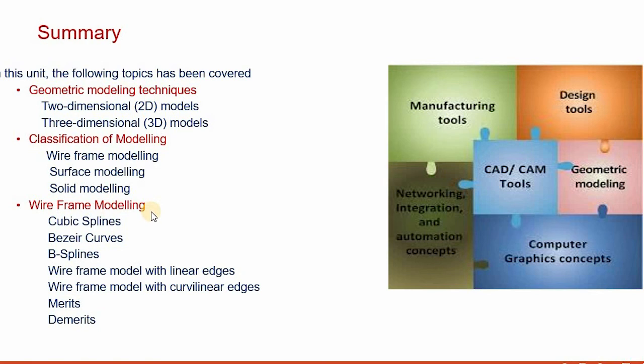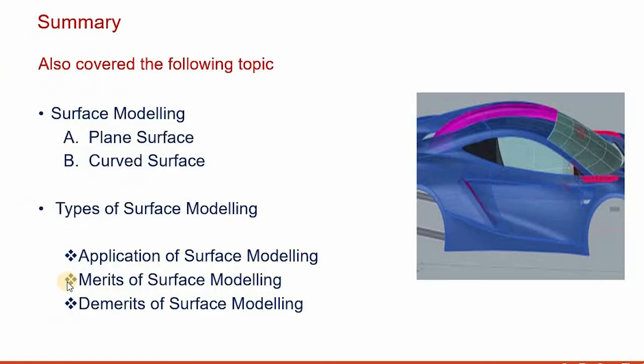In wireframe modeling, a lot of techniques are used to construct the wireframe model, such as cubic splines, Bezier curves, B-splines, wireframe models with linear edges, wireframe models with curvilinear edges, and the various merits and demerits of wireframe modeling.